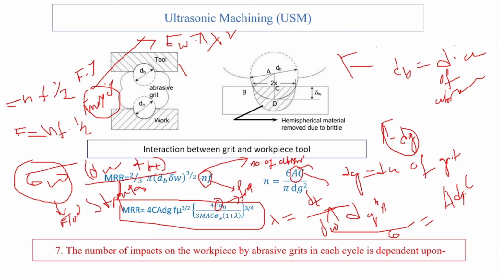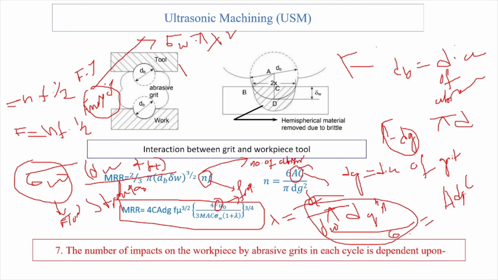Suppose we have used n numbers of grits, then for 1 grit it is A dg, so the total volume of the n grits will be pi into dg cube into n by 6, which I have written here.